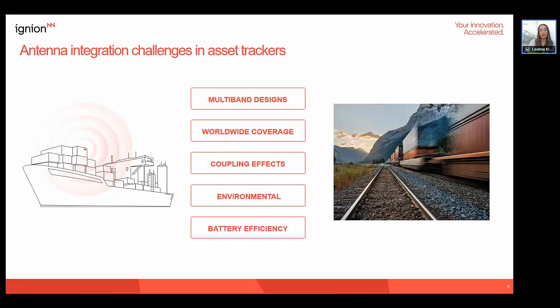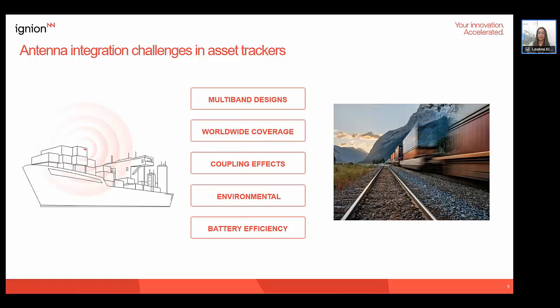Okay, so imagine yourself, you are designing an asset tracker for a container tracker, a metallic container, sorry. We know that nowadays the number of connected devices is increasing day by day. So all these devices integrate an antenna, and this antenna needs to face some challenges that we need to take into account from the very beginning of a project.